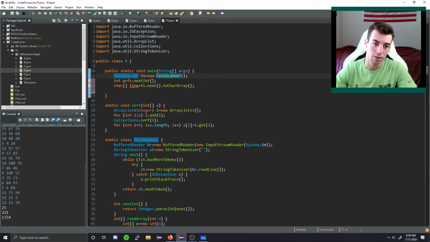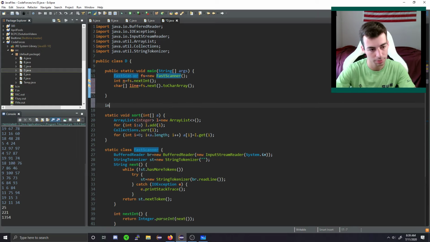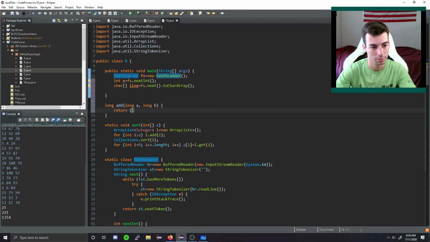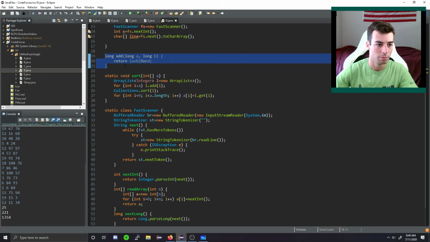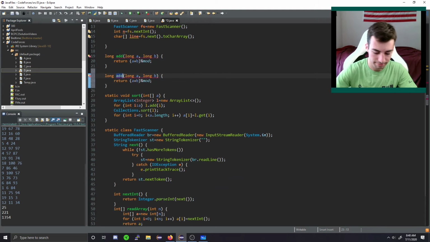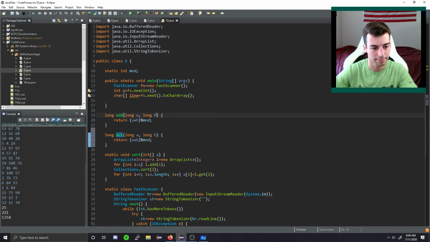So what are we going to need? We're going to need probably the 2 powers pre-computed. Well, let's just do our mod stuff. Do we need division?